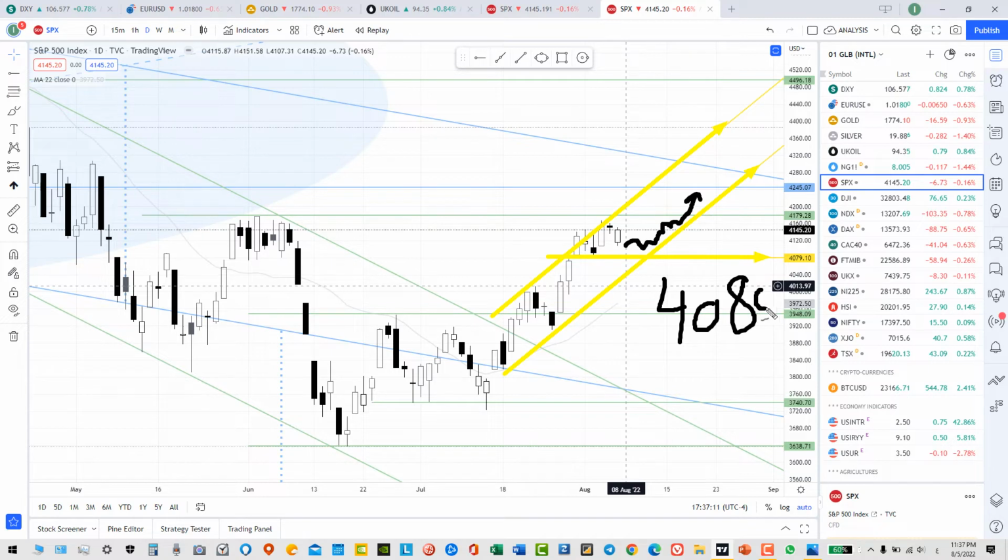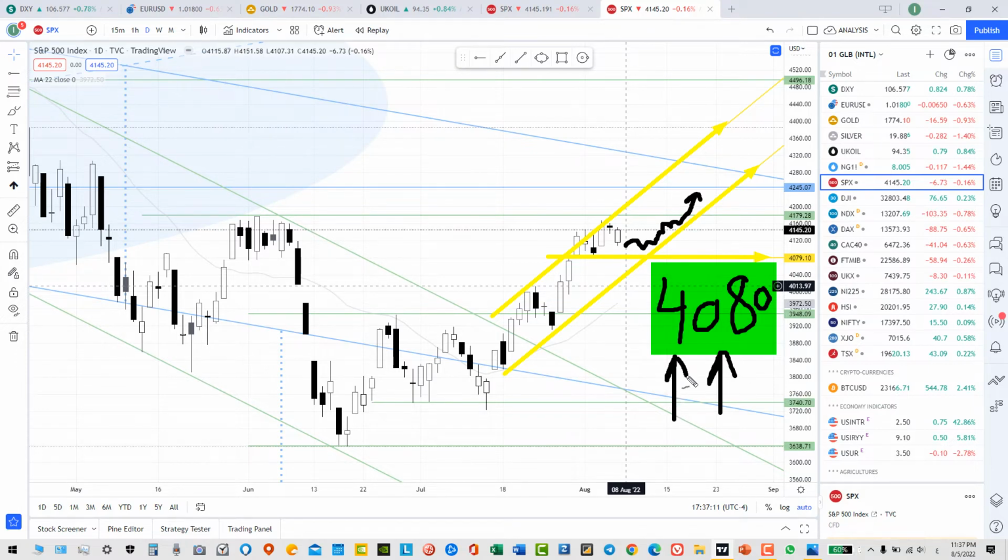This number is very important because as long as the index manages to close above this level, either on a daily basis or on a weekly basis, we will consider this corrective move valid and intact and able to continue much further to the upside.